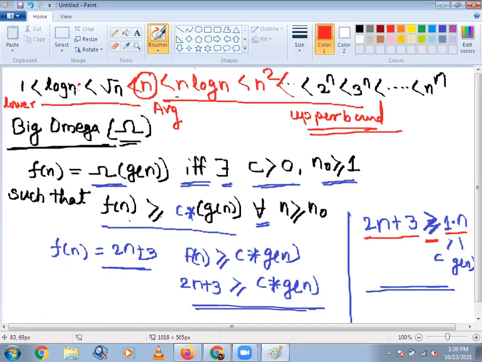If we put any value of lower bound, this will satisfy the equation. If we put any value for this c into g of n, this satisfies the equation. And if we put any value from upper bound, it sometimes satisfies, but it cannot always satisfy.